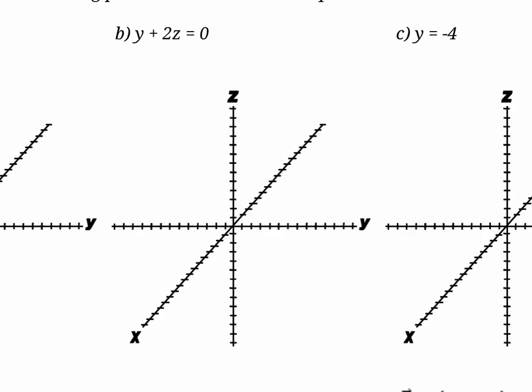So the plane is going to be parallel to the x-axis, right? So that's going to happen. We can still find the y and the z-intercepts though. If we set z to 0, we can find that the y-intercept is just going to be 0, right?